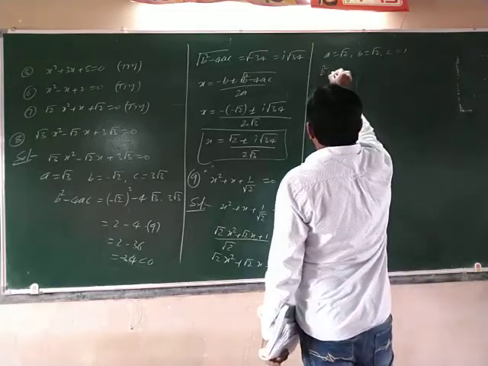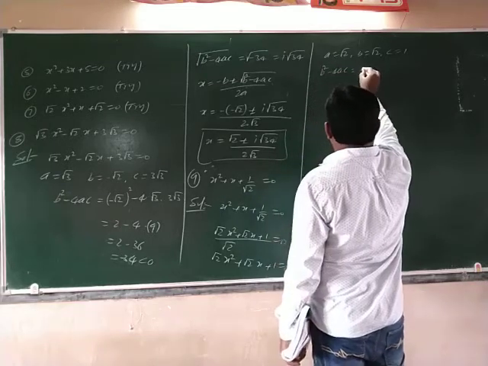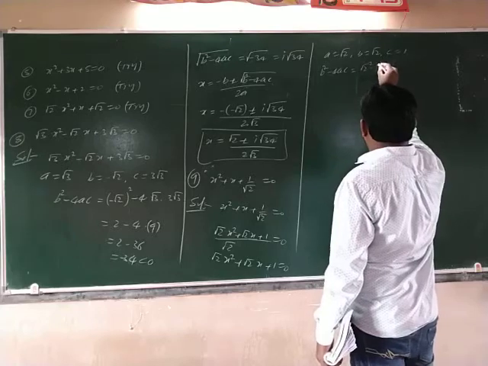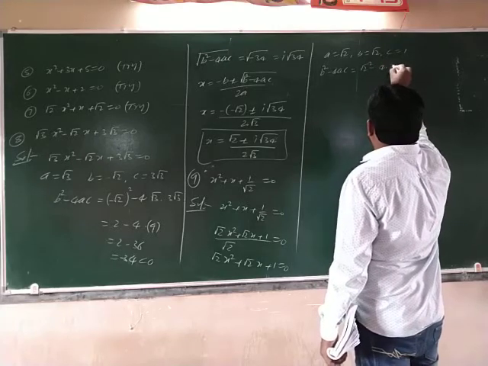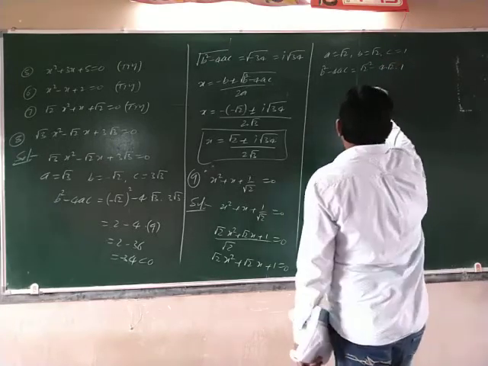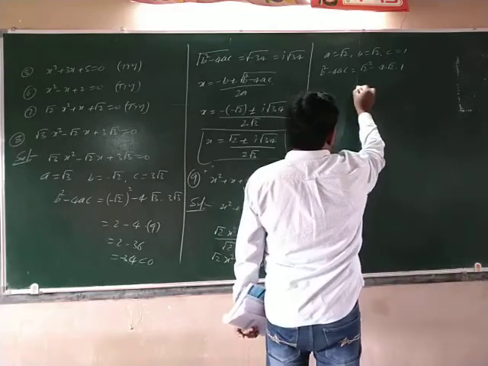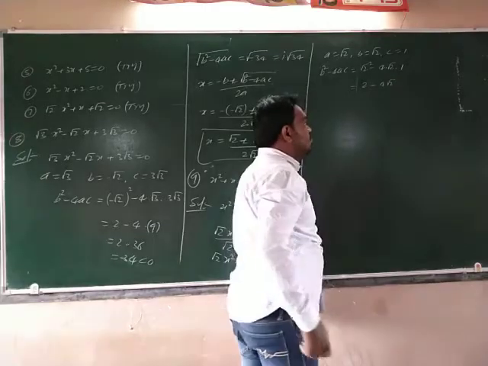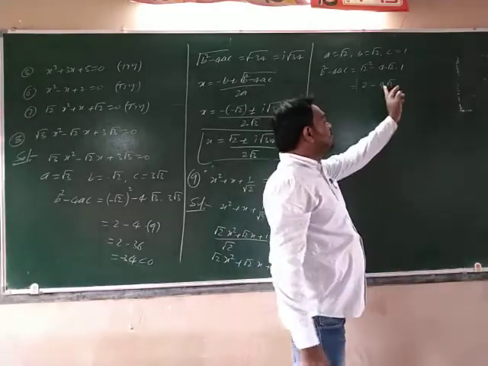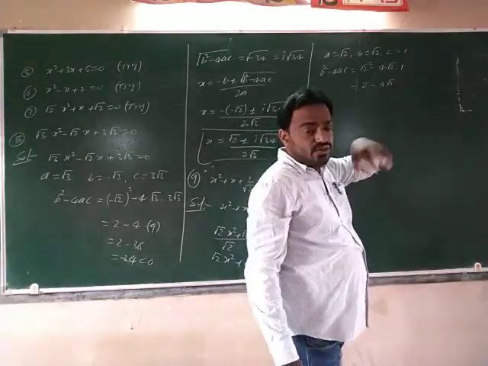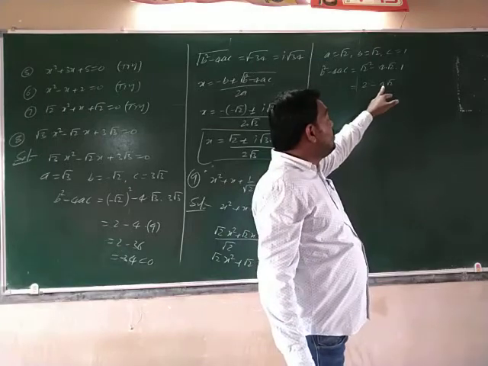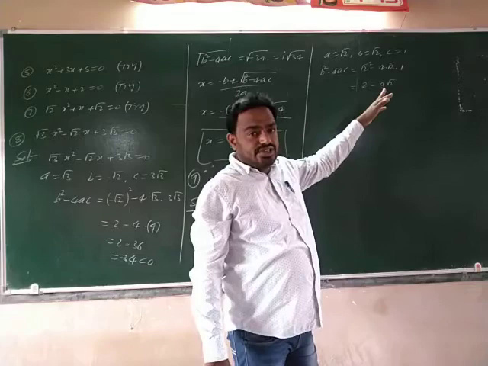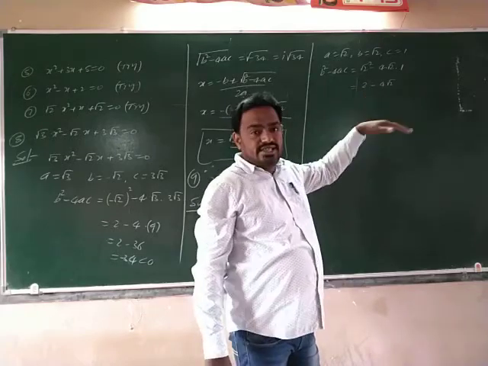Now b square minus 4ac is equal to root 2 square minus 4 into root 2 into 1, which is 2 minus 4 root 2. Here 4 root 2, with root 2 equal to 1.414, is around 6. 2 minus 6 is negative.